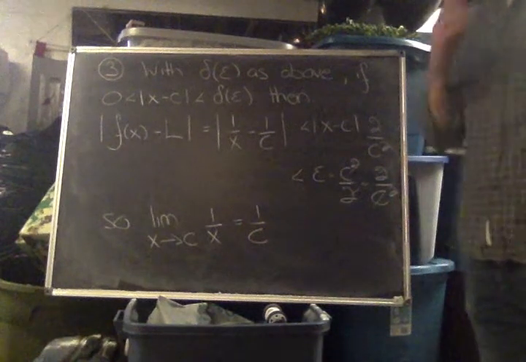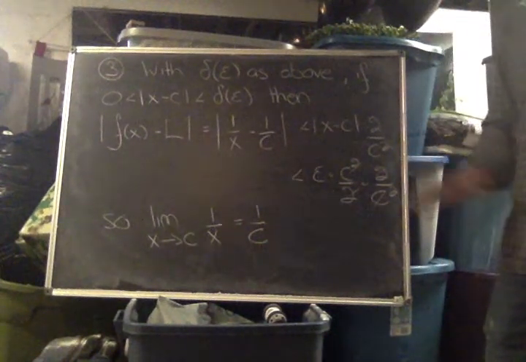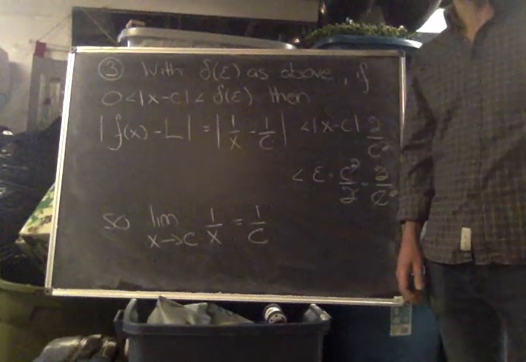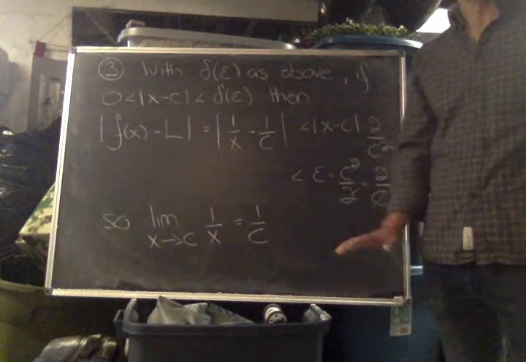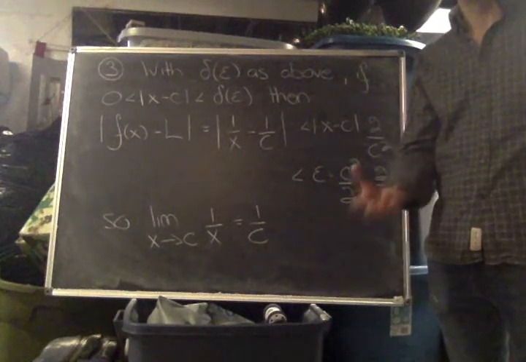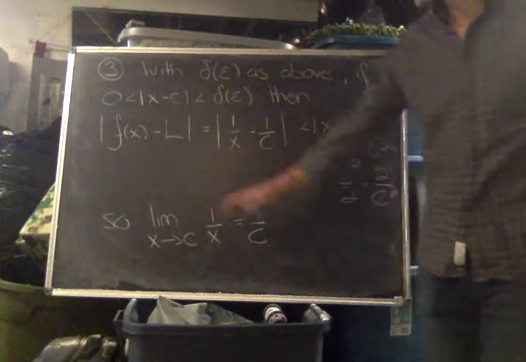Okay? So it's another example of a problem where you need to take an initial stab at delta to find yourself a delta 1 of epsilon in order to get some control over some algebraic aspect of this thing here, right?